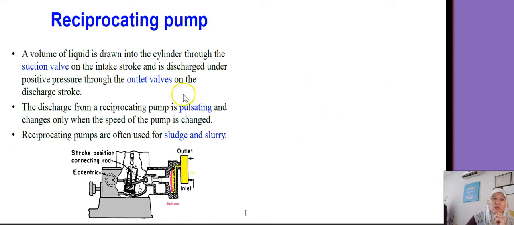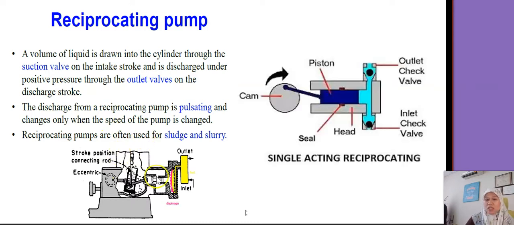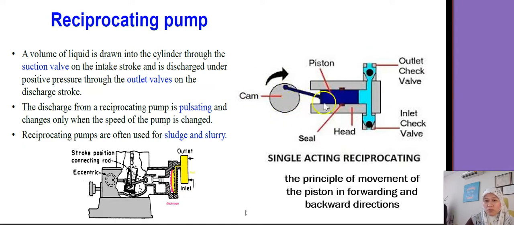Let's see the major element that differentiates rotary from reciprocating, which is the piston. They have a piston here, and the piston is driven by this cam. So the backward and inward movement will change the pressure here.